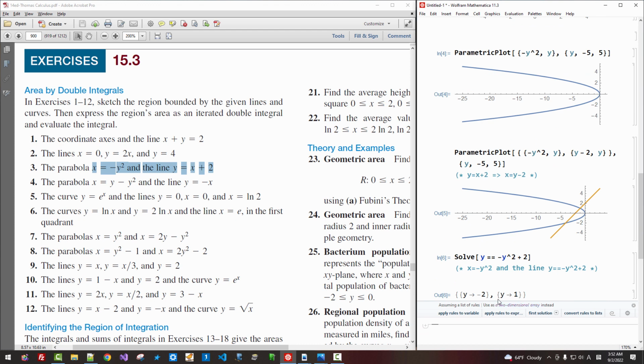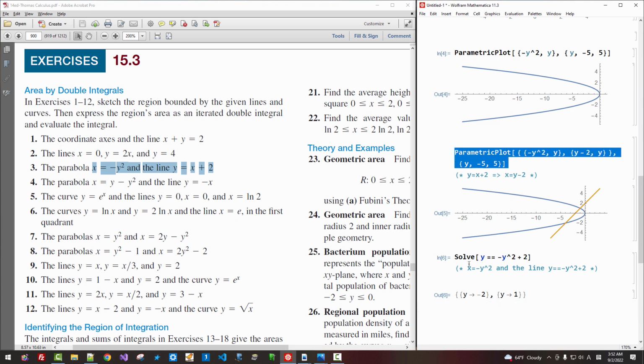Y is -2, +1. This is y-axis. -2, +1. So finally, we graph.